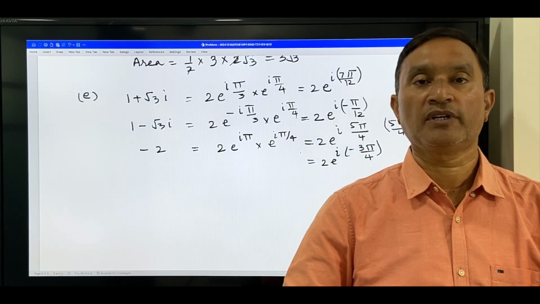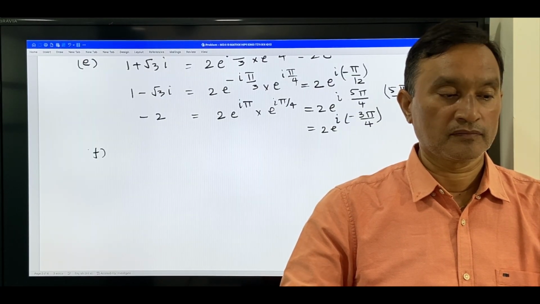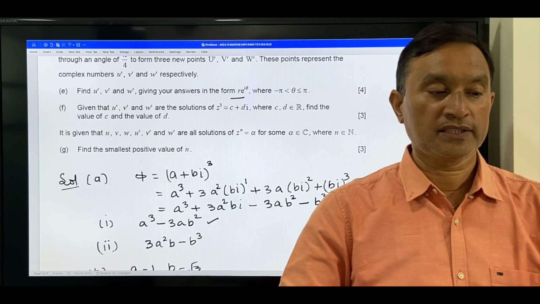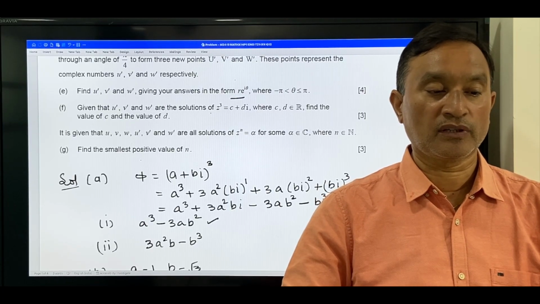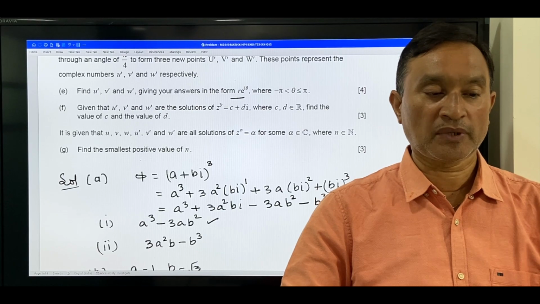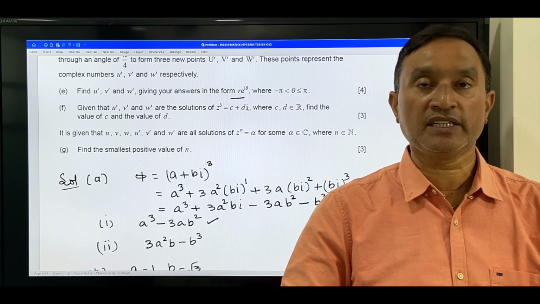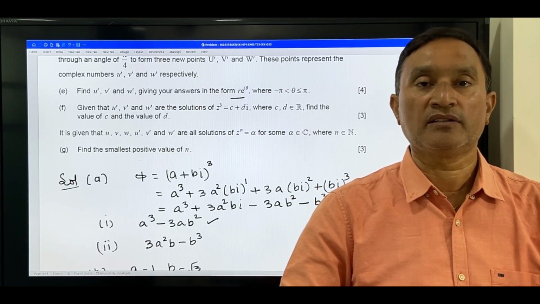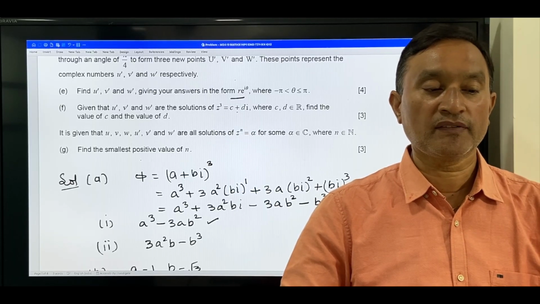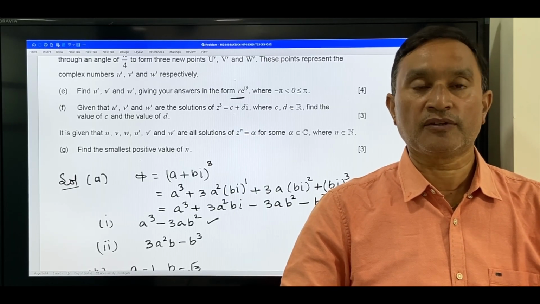Now we will proceed to F part. Given that U dash, V dash and W dash are the solutions of z to the power 3 equal to c plus di, we will multiply all three roots and then we will convert into the Cartesian form.